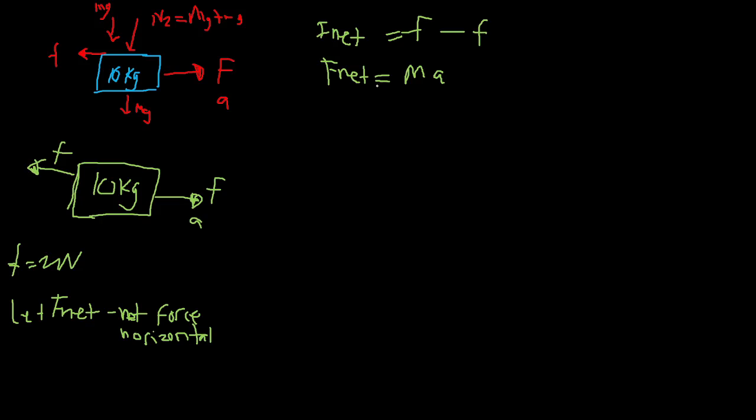Normal lang, high school physics: force is equal to mass times acceleration. So, itong F net natin is force minus friction. So, big F minus small f is equal to mass times acceleration.